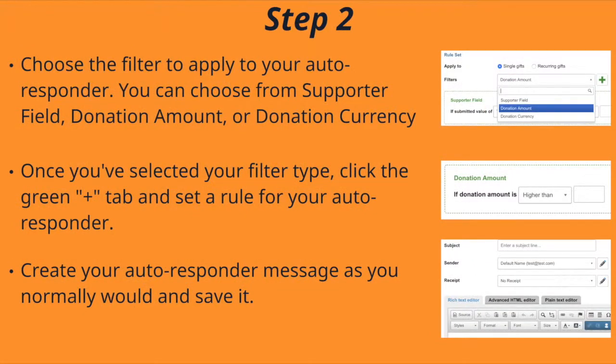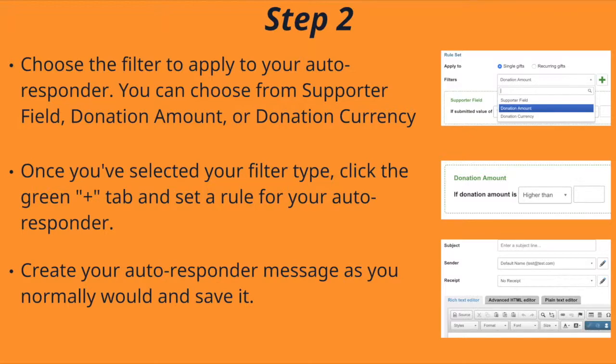Next, you want to choose the filter to apply for this custom autoresponder. You can choose supporter field, so that's constituent information, donation amount, or donation currency. This way you can create custom autoresponders based on what currency somebody's using, if that's important to you, or the state that they put in, or maybe some other custom field, or the donation amount.